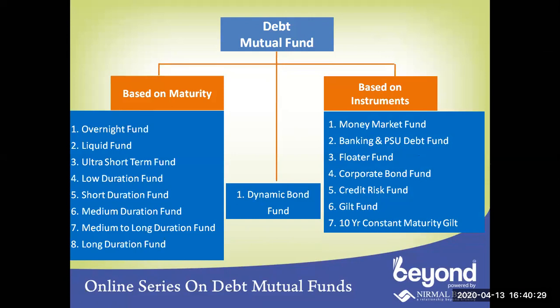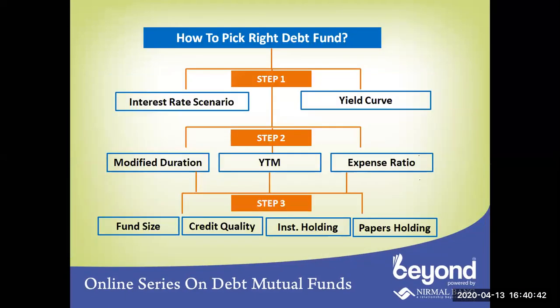I'll just take you through the different steps which we as research persons follow while coming out with our recommended list. It's very important for you to understand, whenever you see our recommended list, on what basis research selects these funds, why this fund, why not that fund.